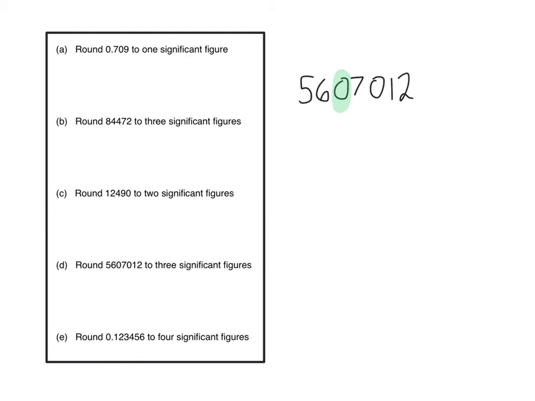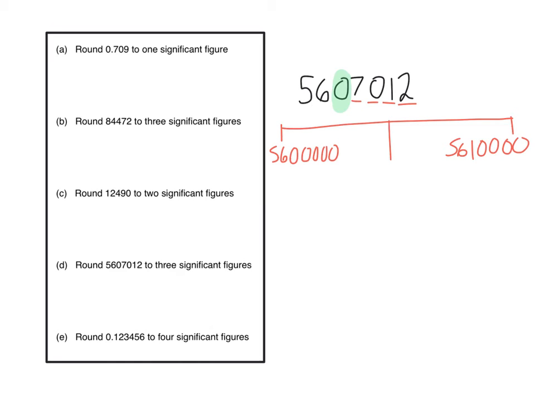So I'm going to draw my number line. It's either going to stay as 5, 6, 0, and there's 4 numbers after, so 4 zeros, or it's going to go up to 5, 6, 1, and again 4 places after it. Now bang in the middle would be 5, 6, 5, and 4 more places.